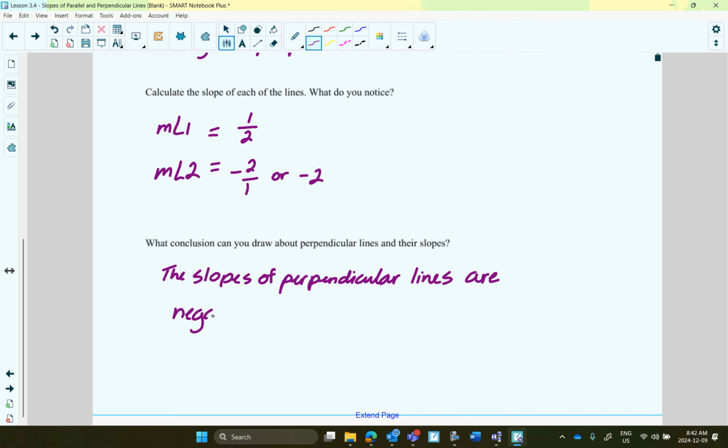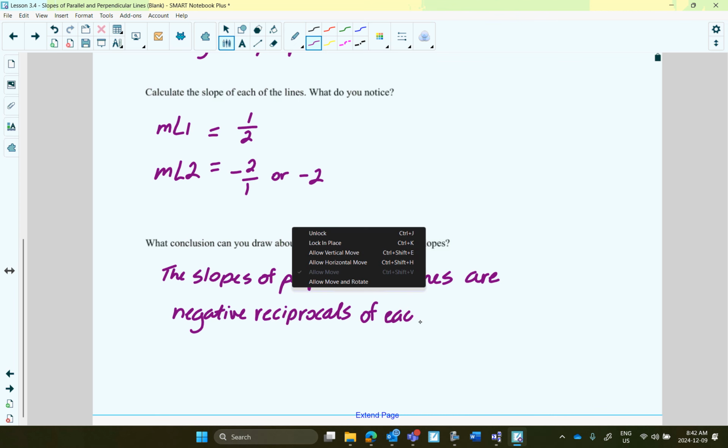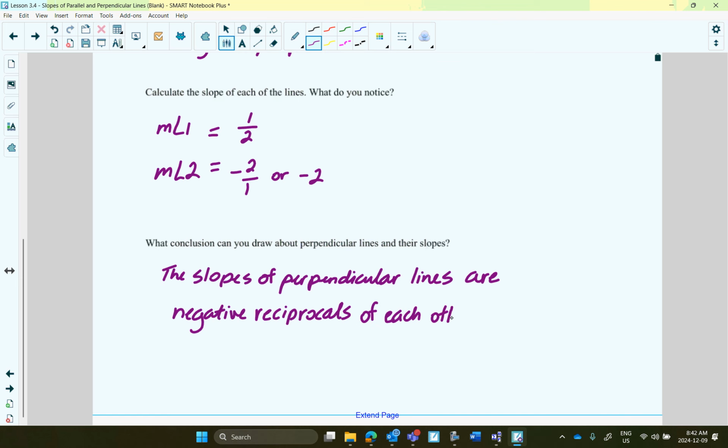So you have to do 2 things. You have to flip the number, find the reciprocal, and you have to change the sign. If it's positive, change it to negative. If it's negative, change it to positive.